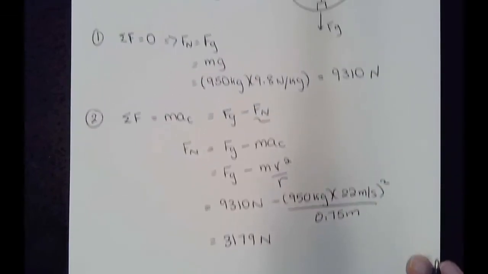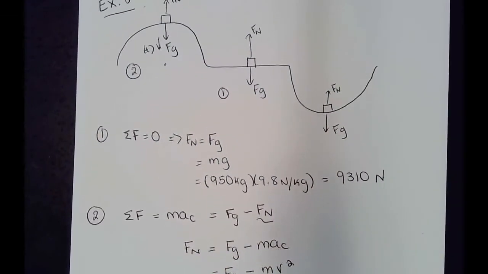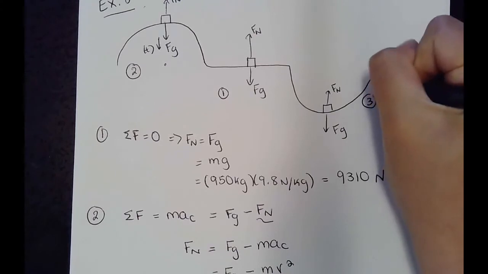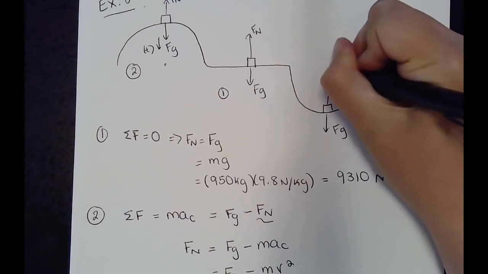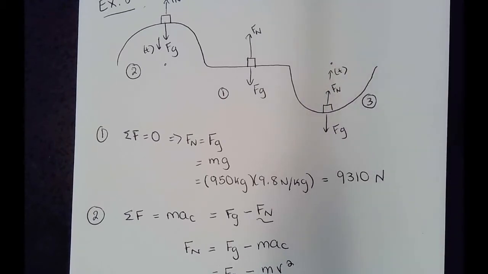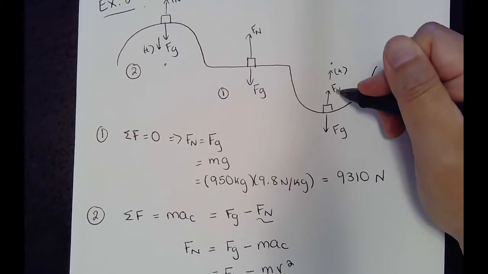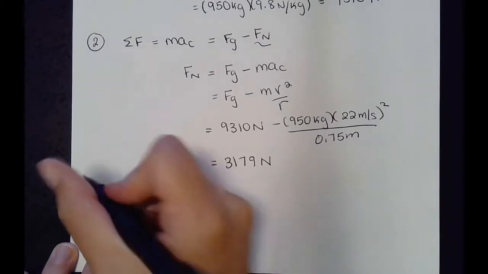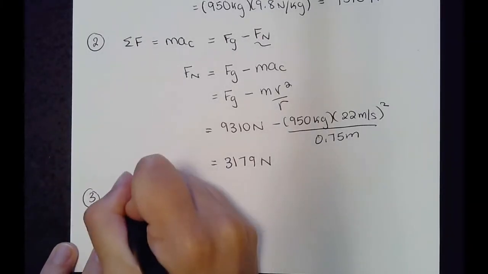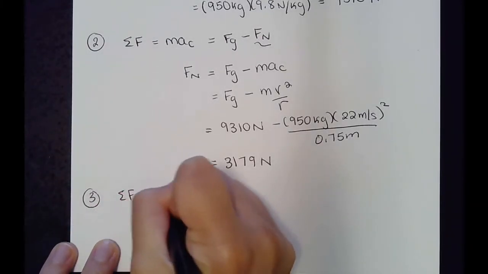Okay, let's do the last one and then I'll talk about what this means. So number 3, when the car goes through the dip of the same radius, now the positive direction is up because up is the direction towards the center of the circle. So we'll have the normal force minus Fg when we go to write the net force. All right, so part 3, the net force in the radial direction is mac.